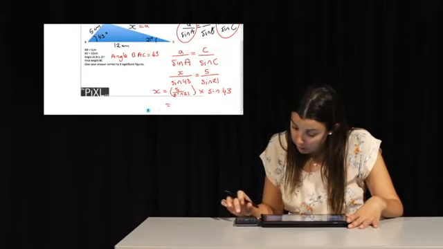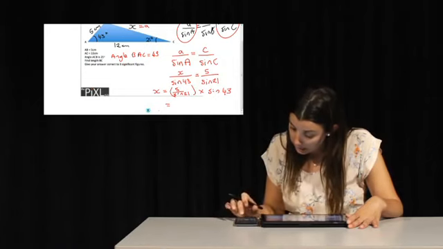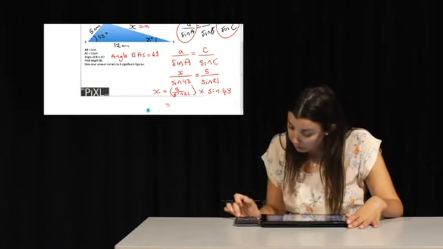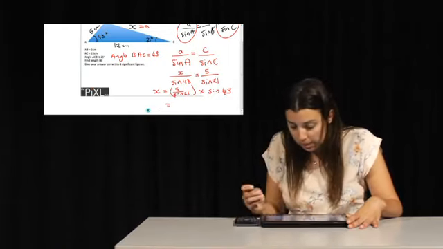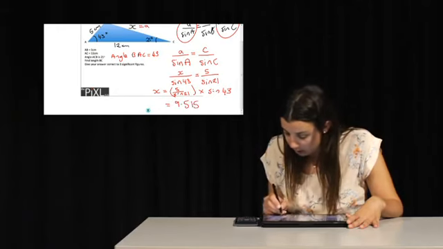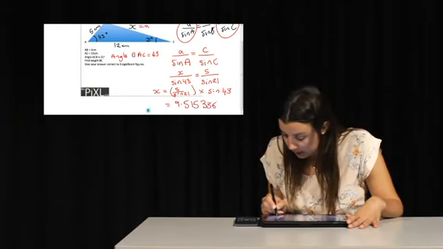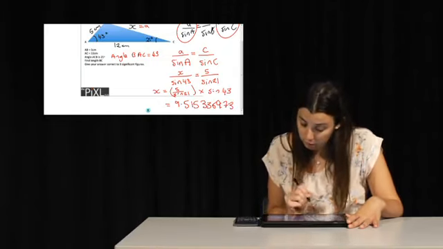So 5 divided by sine, button on your calculator, 21, close my brackets, multiplied by sine 43. We're going to get a decimal out. We're going to write all the numbers down. It's good practice. 9.515333697.3.